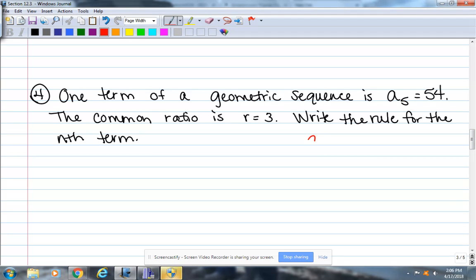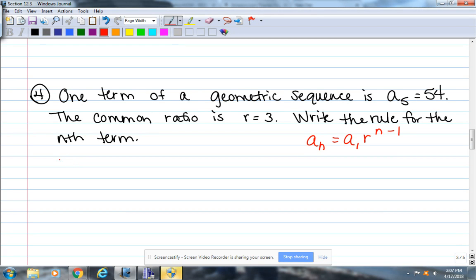So they want a rule for the nth term. So we're going to use a sub n equals a sub 1 times r to the n minus 1, because that's the formula for a geometric series, and they told us it was geometric. So 54 equals a sub 1 times 3 to the fifth minus 1, which is the fourth, right?